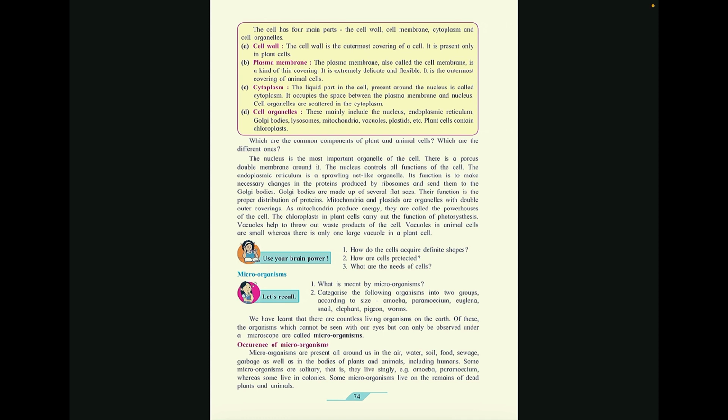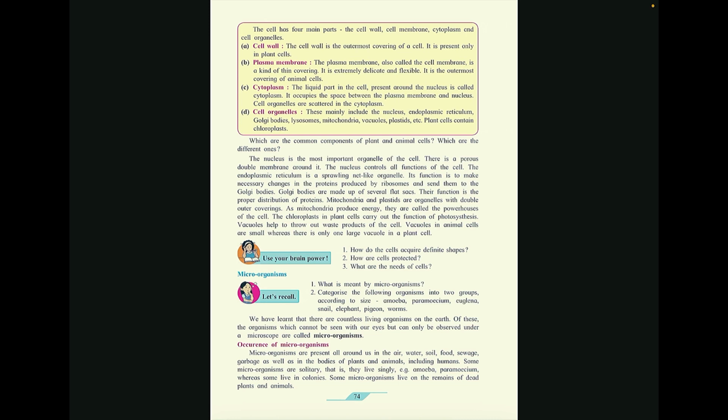Microorganisms are those small organisms which we can't see with our normal eyes. For seeing these microorganisms we need microscopes.